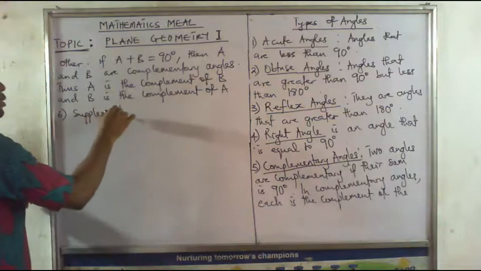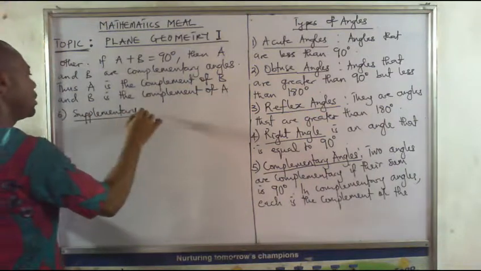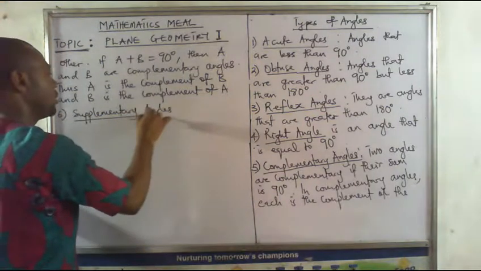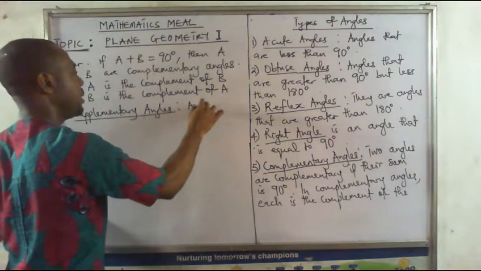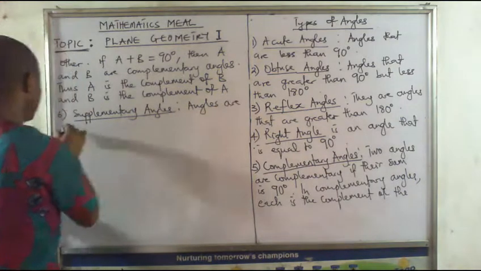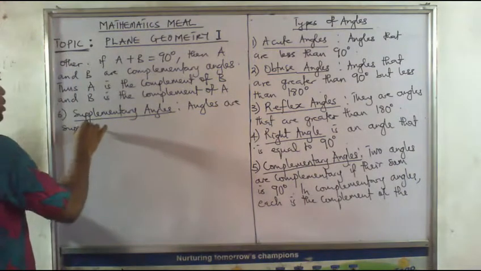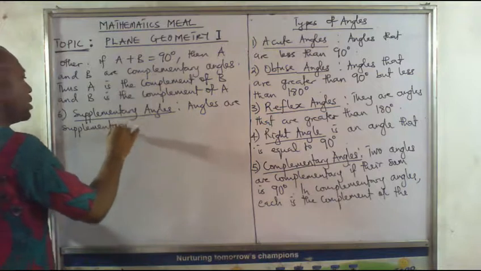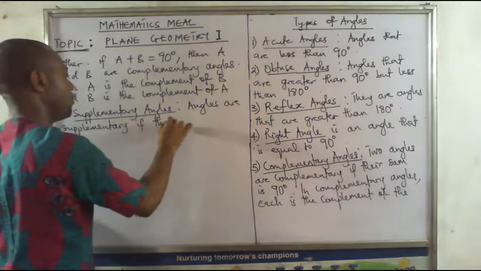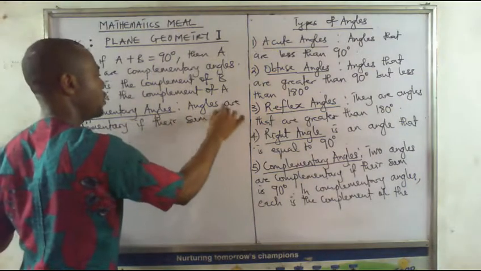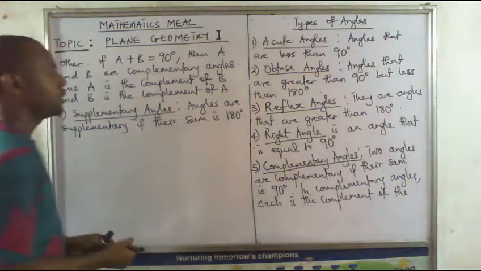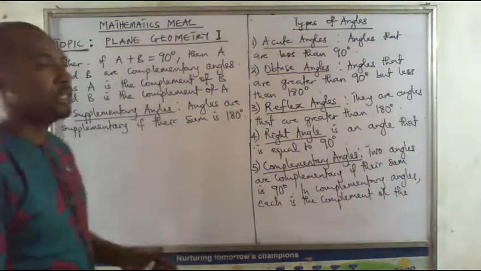Supplementary angles. Angles are supplementary if their sum is 180 degrees. We're going to see this a lot.